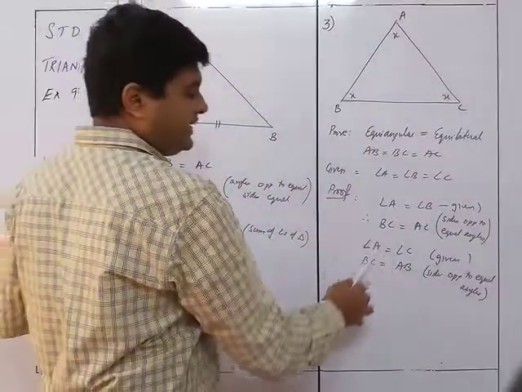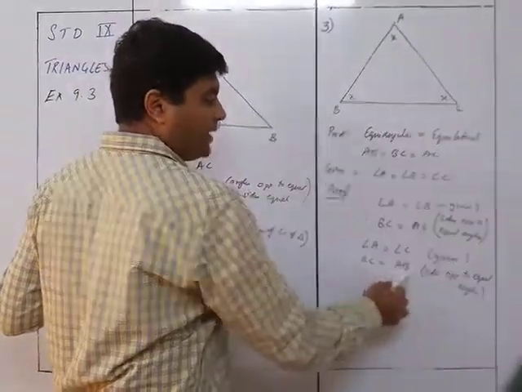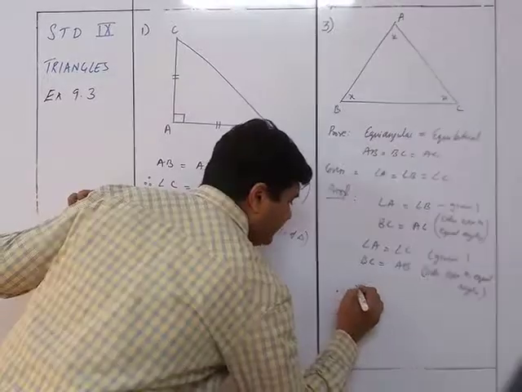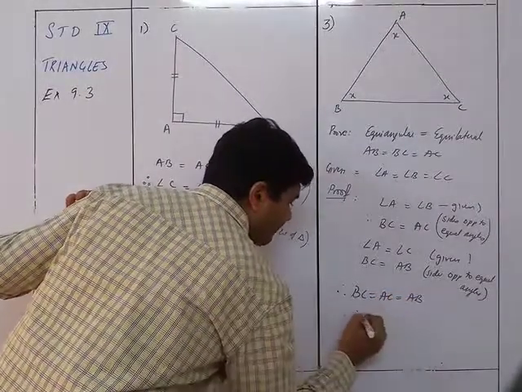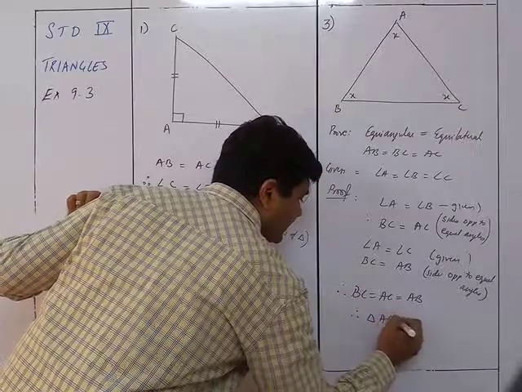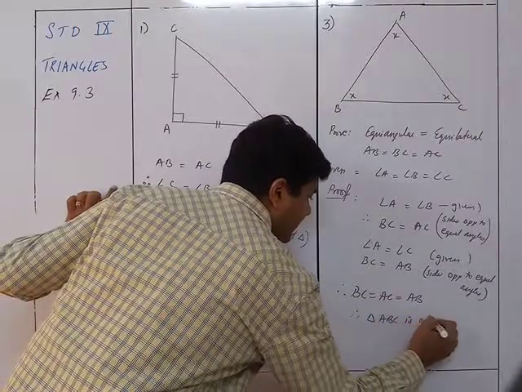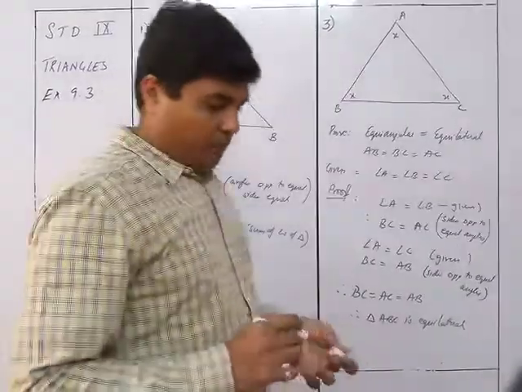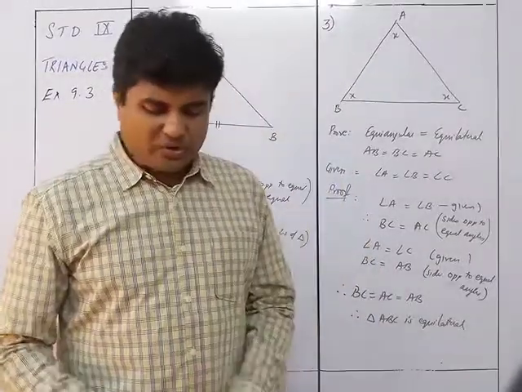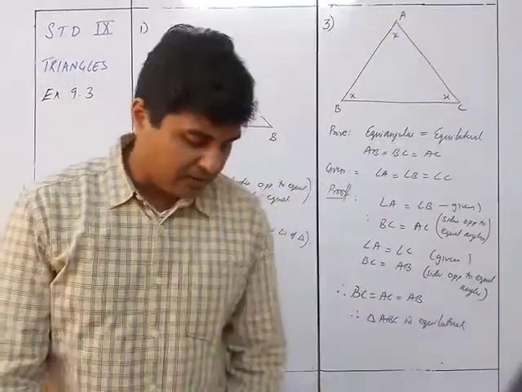Now I can see BC is equal to AC also, and BC is equal to AB also. Therefore, AB is equal to AC is equal to BC. Therefore, triangle ABC is equilateral. Very easy sum, right? I told you this is the easy part.